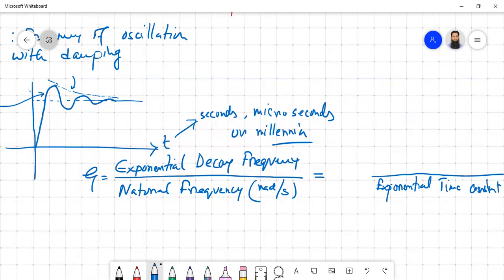And the natural frequency, you can also represent in terms of time: the natural period is 1 by 2 pi times the natural frequency, and if you invert the frequency, you get the natural period in seconds.